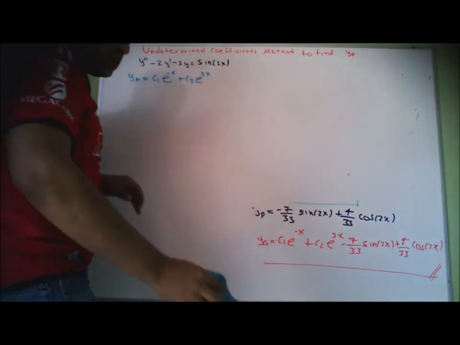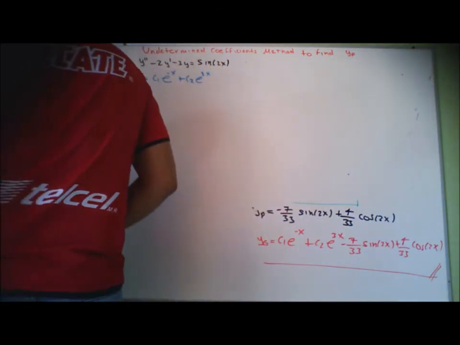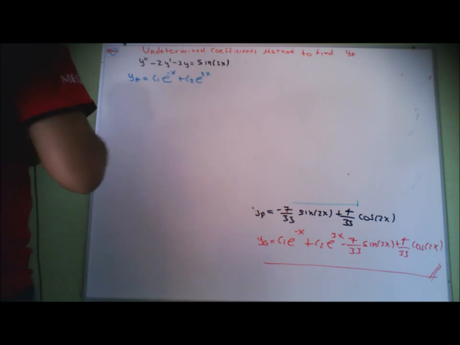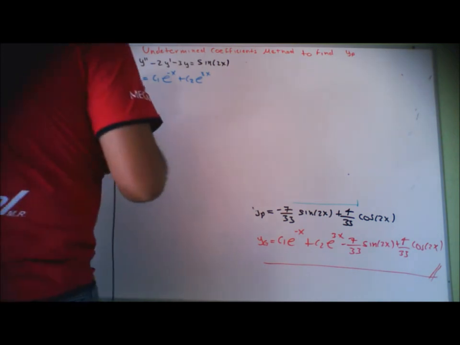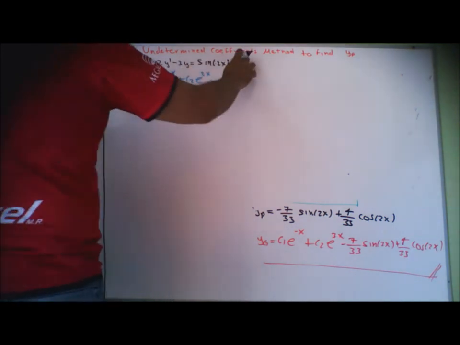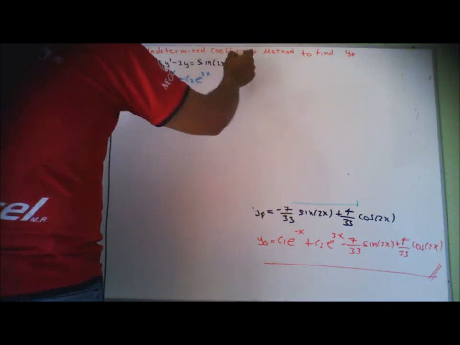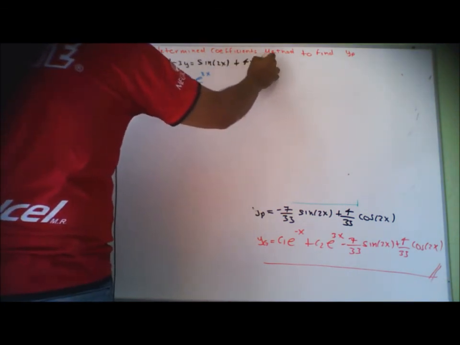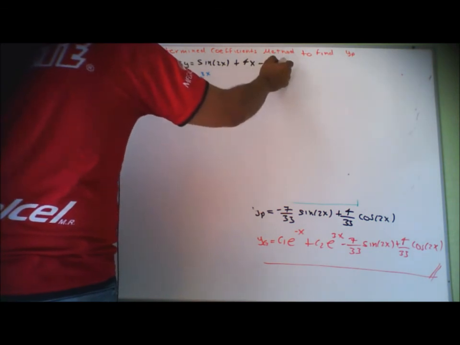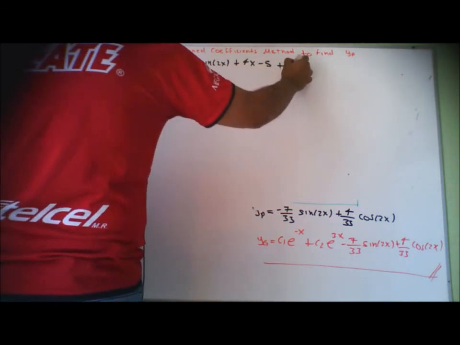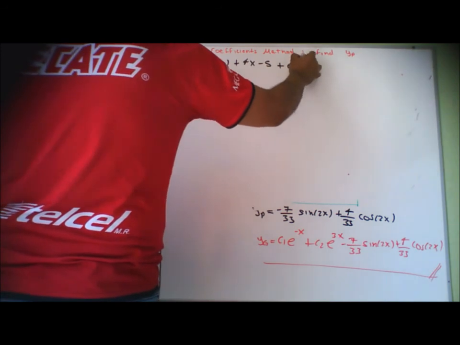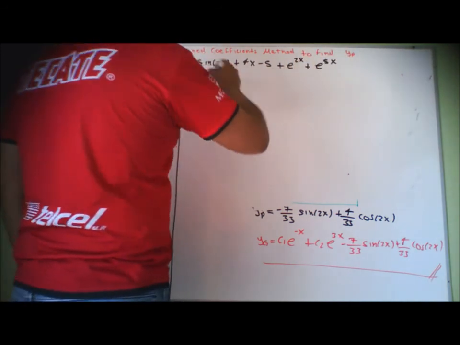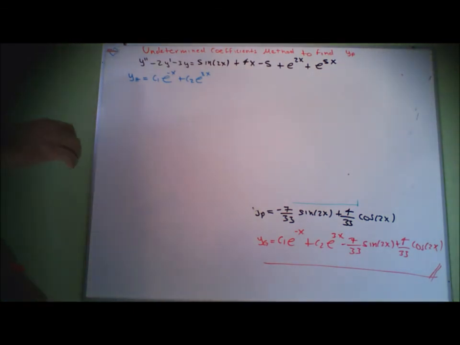In the previous examples, we have a polynomial, and then we have an exponential, and then the sine and the cosine, only the sine. But imagine that you have this differential equation, but it is composed by the 3. So let's assume that it is sine of 2x plus 4x minus 5, and then plus exponential of 2x plus exponential of 5x. Imagine that you have that as the problem.